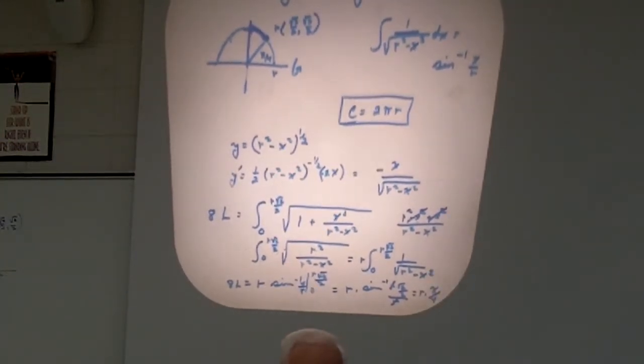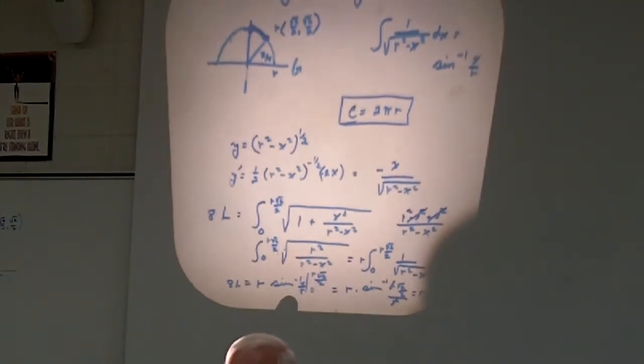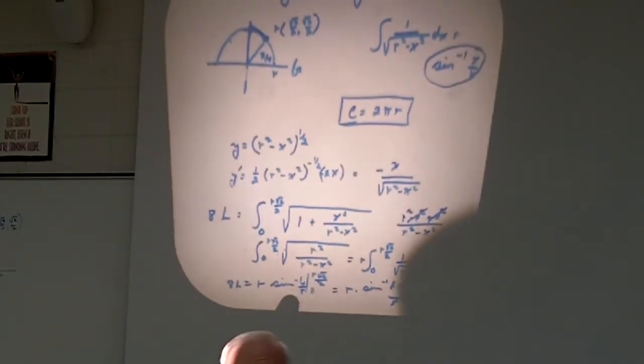Yes? When you have L equals r sine inverse, what's after that? This says x over r, like we have up here. So when you said sine inverse of r square root of 2 over 2 all over r, where does that all over r come from?